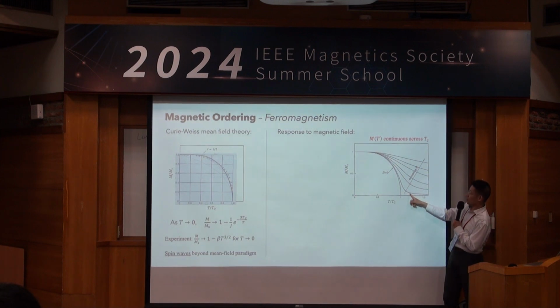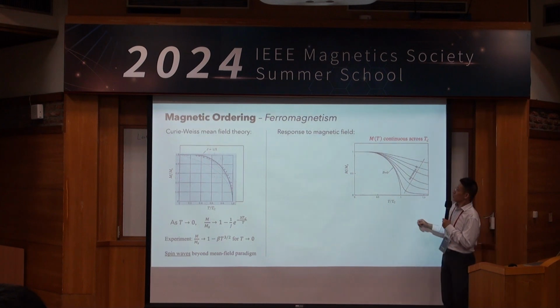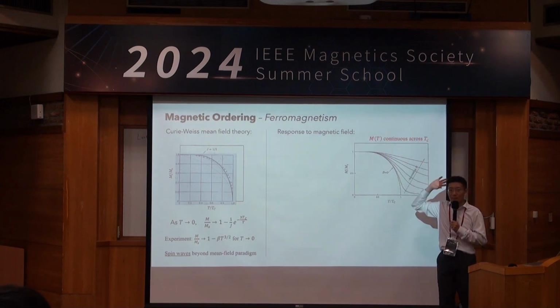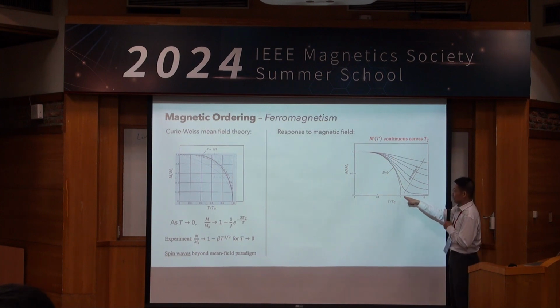Even in the paramagnetic phase, if you apply a magnetic field, you could still induce a finite magnetization because the system is paramagnetic. In the presence of a magnetic field, no matter how small it is, you will immediately remove the discontinuities in the slope of the curve around Tc.